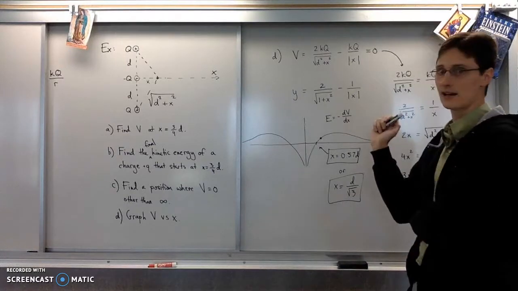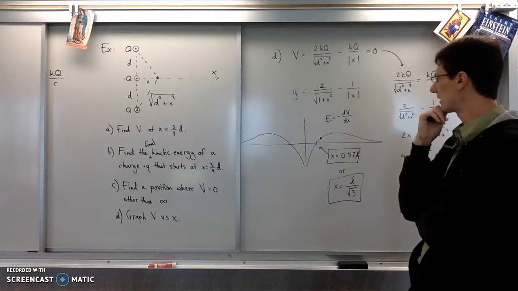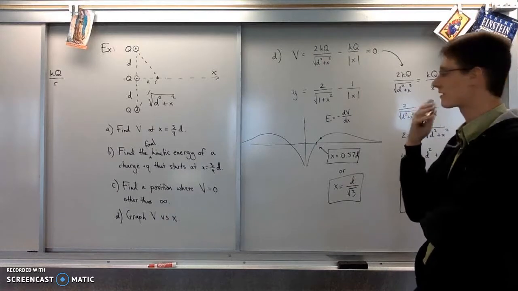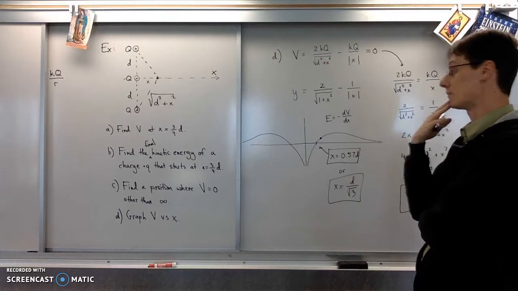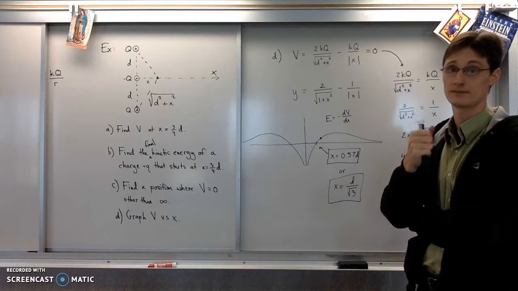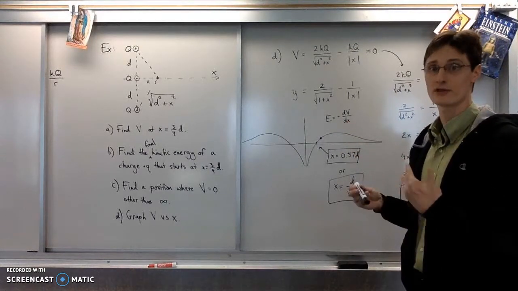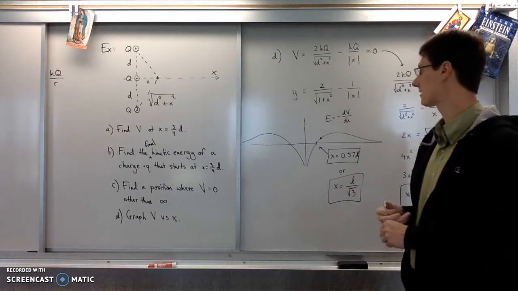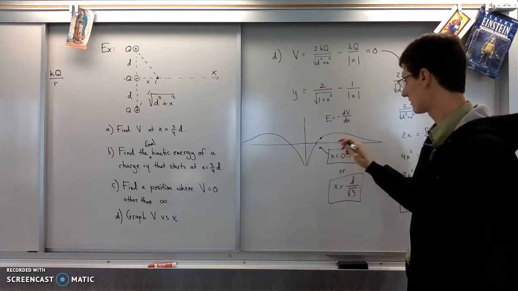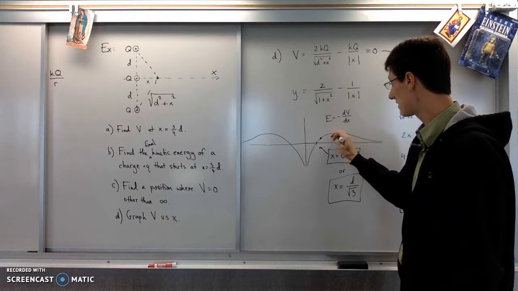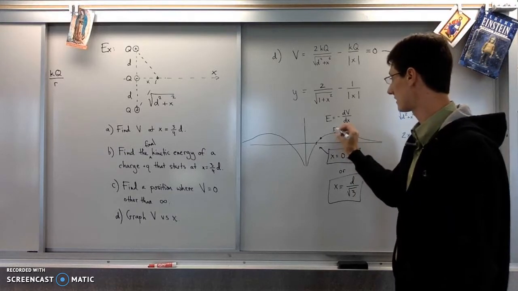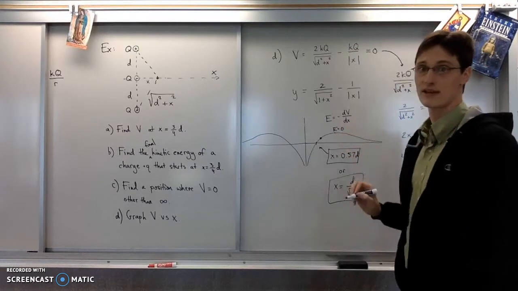Using this fact here, think for a moment. How could I find out where the electric field is 0? It would be by looking at the slope. The slope of a potential versus distance graph is the electric field, or the opposite of that. That means that something like here, the electric field is going to be 0 because that's the maximum.